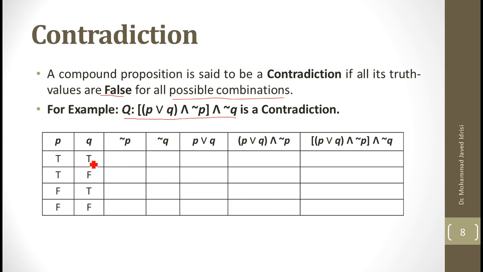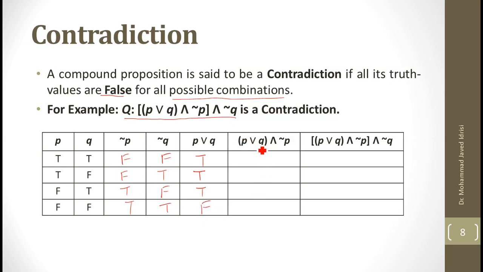So if P is true, the negation of P is false. If it is false, this one is true. Now the negation of Q. If Q is true, this is false. If Q is false, the negation of Q is true. Similarly, this is false, this one is true. Now P or Q: true or true is true, true or false is true, false or true is true, false or false is false.